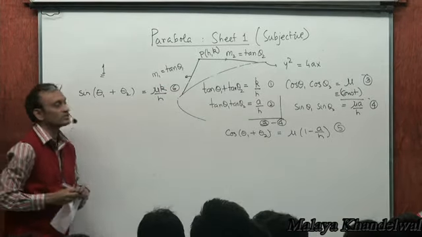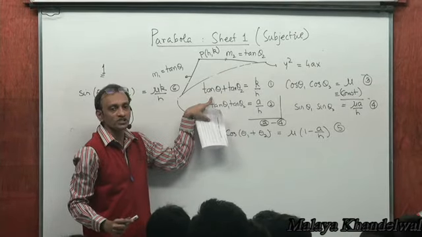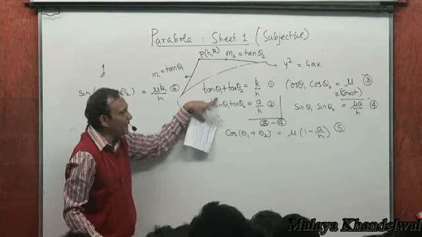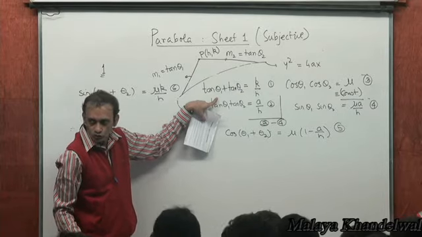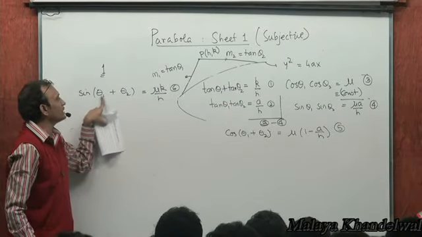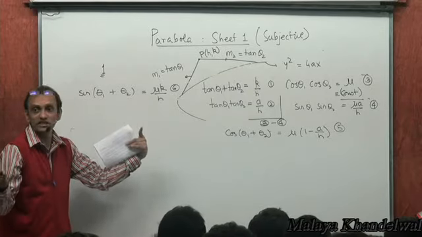See, sine theta 1 cos theta 2 plus sine theta 2 cos theta 1, the numerator, is sine of theta 1 plus theta 2 divided by cos theta 1 cos theta 2, which is mu, equals k by h. Therefore sine of theta 1 plus theta 2 would be mu k by h. Good, that's what we were seeking to do.